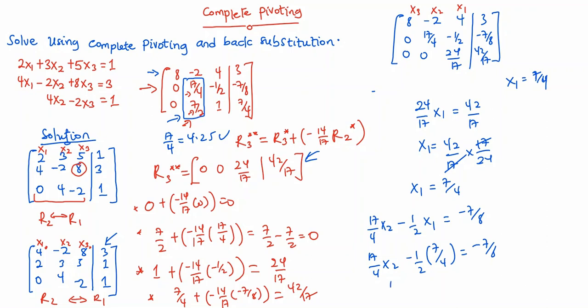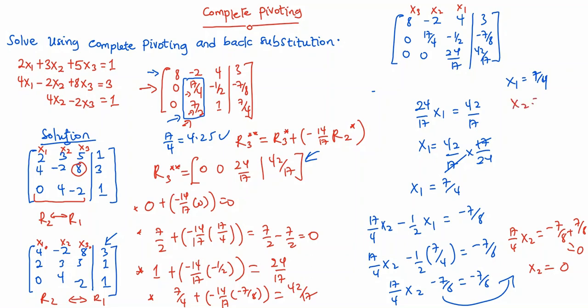So then you're going to have 17 on 4 x2 minus 7 on 8 equal to minus 7 on 8. So we take this to the right hand side. When you do that, you're going to have 17 on 4 x2 equals minus 7 on 8 plus 7 on 8. So you're going to get 0 here. So you're going to have x2 equal to 0. Right, so x2 will be 0.